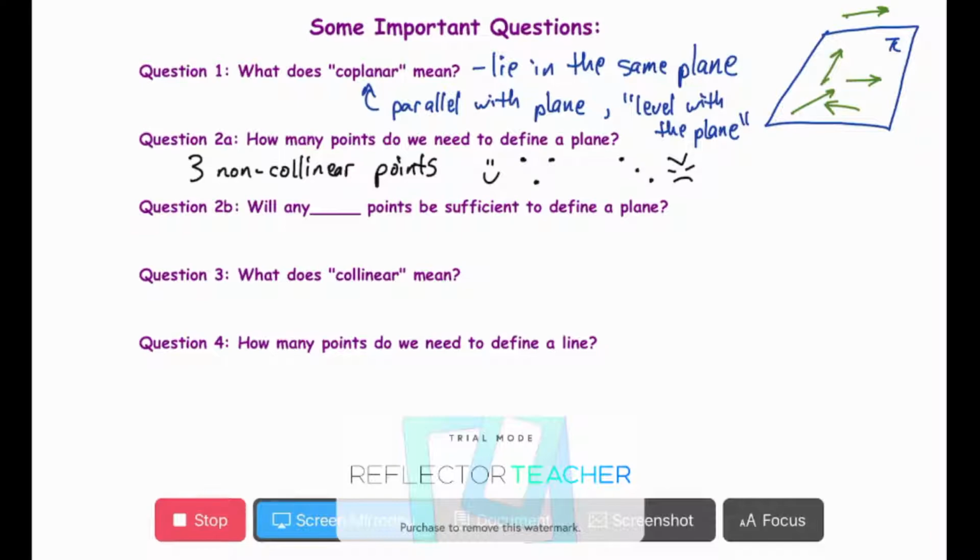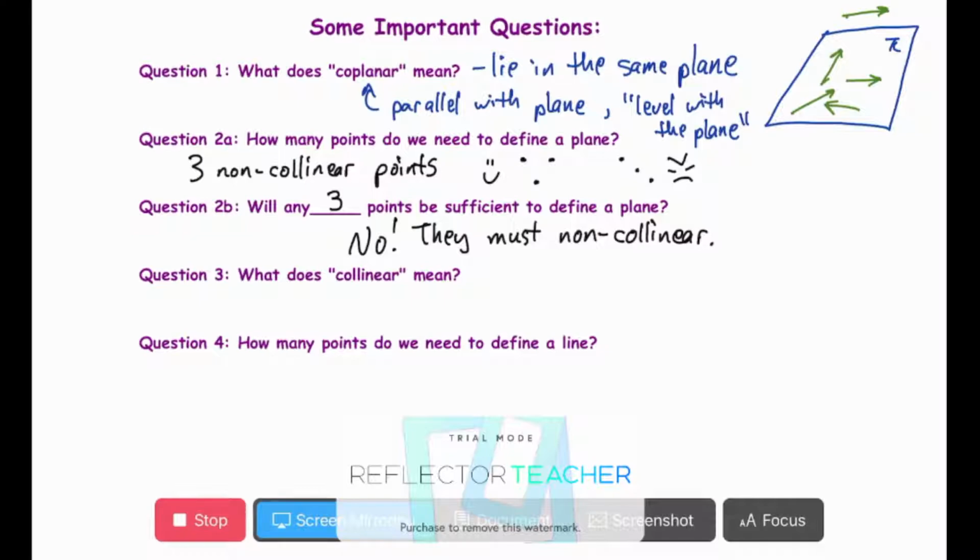Question 2b. Will any 3 points be sufficient to define a plane? No, we just explained this. They must be non-collinear. And so remember, we have to test. If we're given 3 random points, we need to test to make sure they're not collinear.